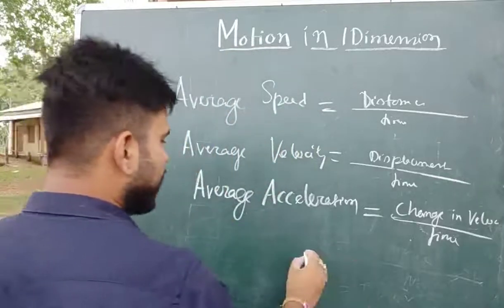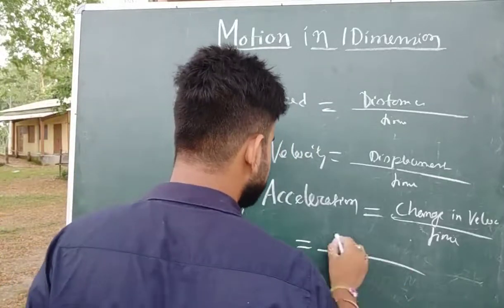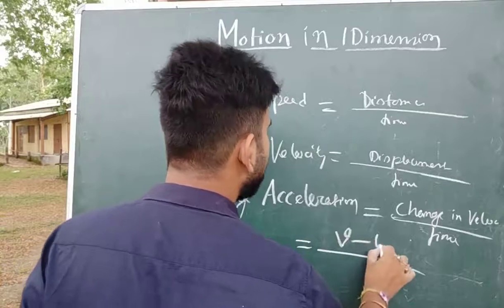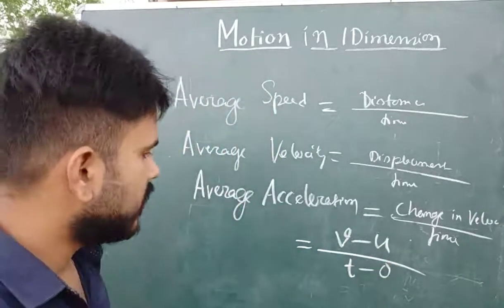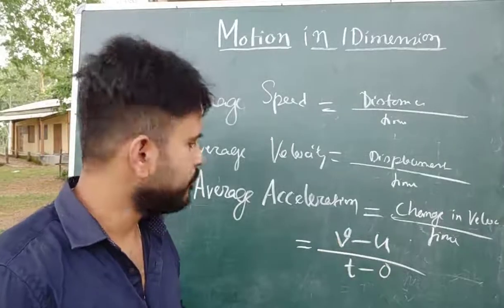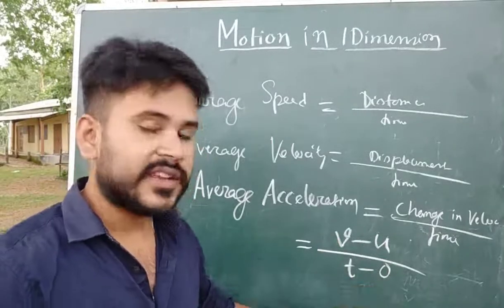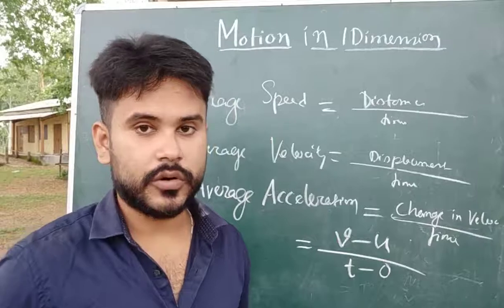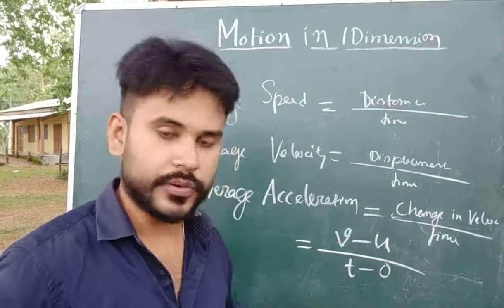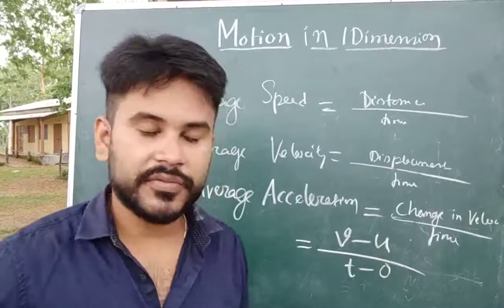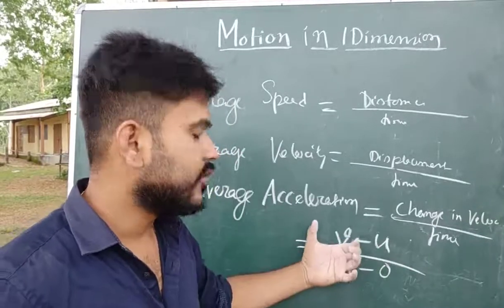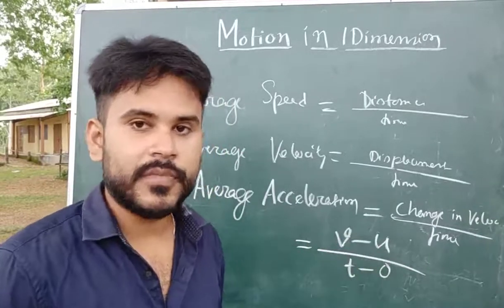So in a mathematical manner, change in velocity over time is represented by (v minus u) over (t minus 0), or (v minus u) divided by t. You can see that at time t equal to 0, when my clock starts, the velocity of my bike was u, and after a time t, the velocity of my bike is v.